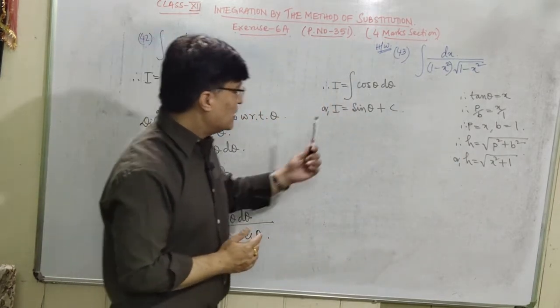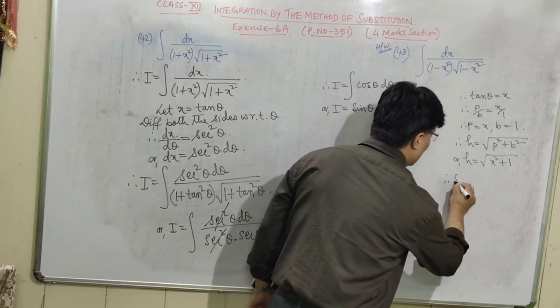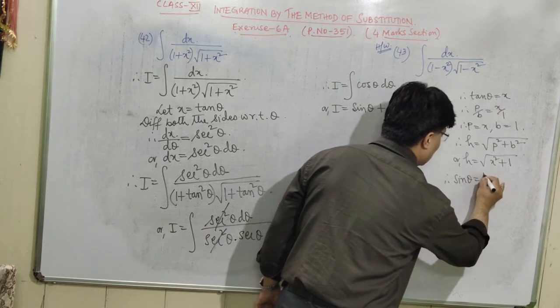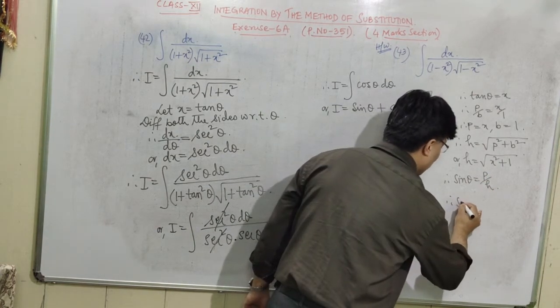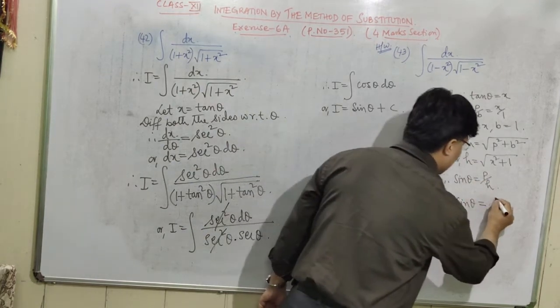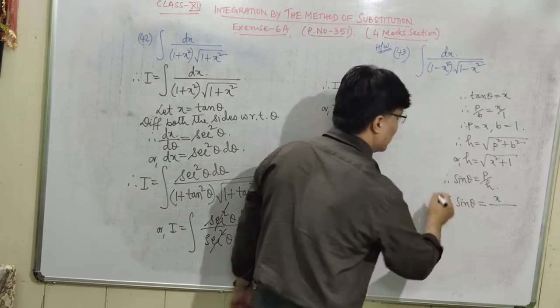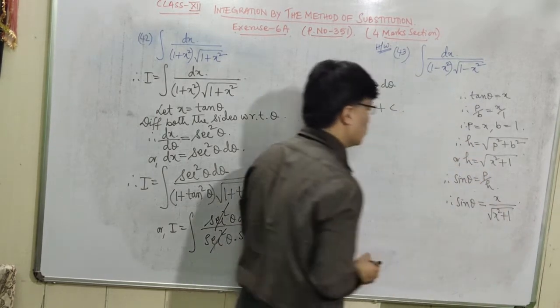Now in this case we have to get the value for sin theta. Sin theta is equal to p by h. P here is x, and h is root over x square plus 1.